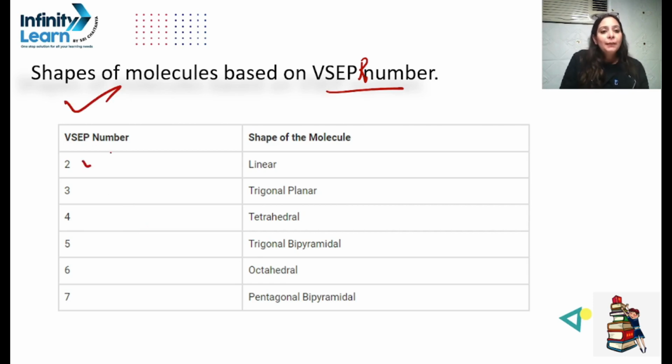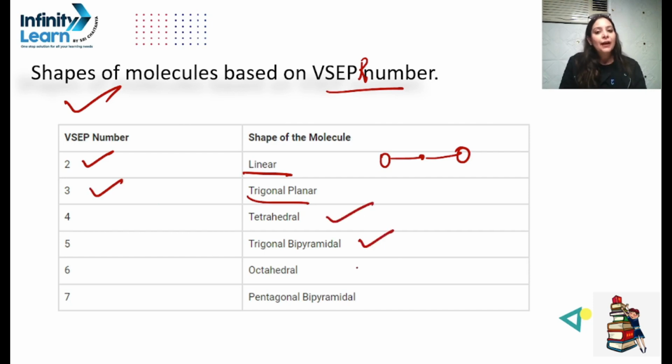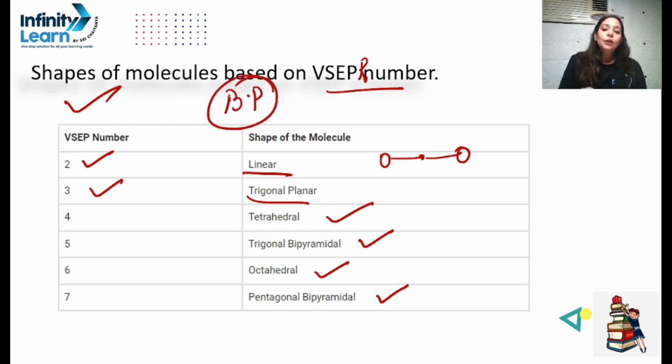If two atoms are linked with the central atom, the geometry is linear, somehow like this. And if three atoms are combined to the central atom, the geometry is trigonal planar. For 4 it is tetrahedral, 5 is trigonal bipyramidal, 6 is octahedral, and 7 is pentagonal bipyramidal. But in this case all of them are bond pairs.